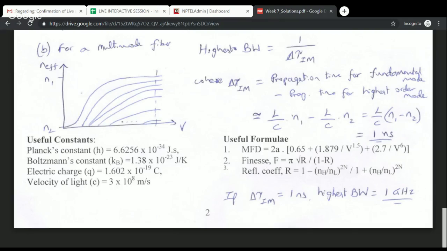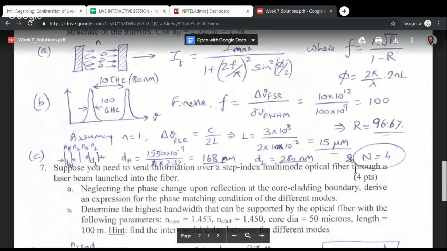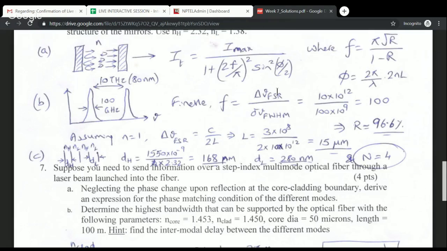And this is once again to bring your attention to how it's going to happen in the final exam. The final exam is a closed book exam, and there are certain things like, for example, that the finesse is given by FSR over FWHM. These are concepts that I would like you to understand, and you should be able to reproduce those in the exam. So you don't expect me to give these sort of formulas out.